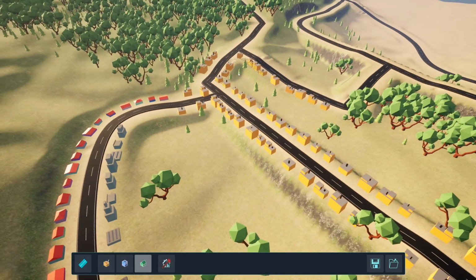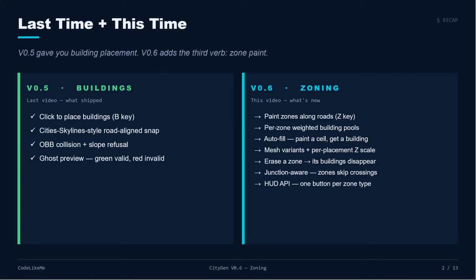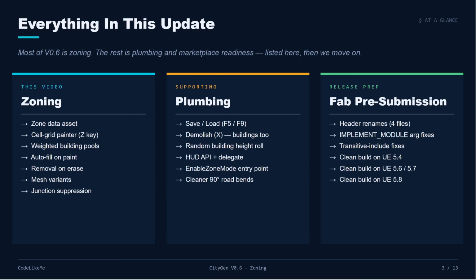So okay, that's the API. I have created an API because the building placement, world generation, everything is happening on the C++ side. So to communicate with that, I have created an API, so you can call them from the Blueprint side. And these are the things that I had to implement.